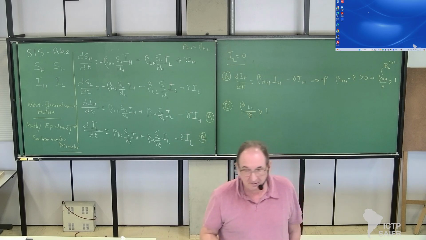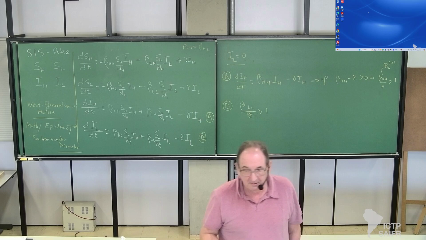So one thing that's intuitive is if both R0 for the high risk group and R0 for the low risk group are both bigger than 1, then you expect to have an epidemic, because you would have an epidemic in any situation. Okay?